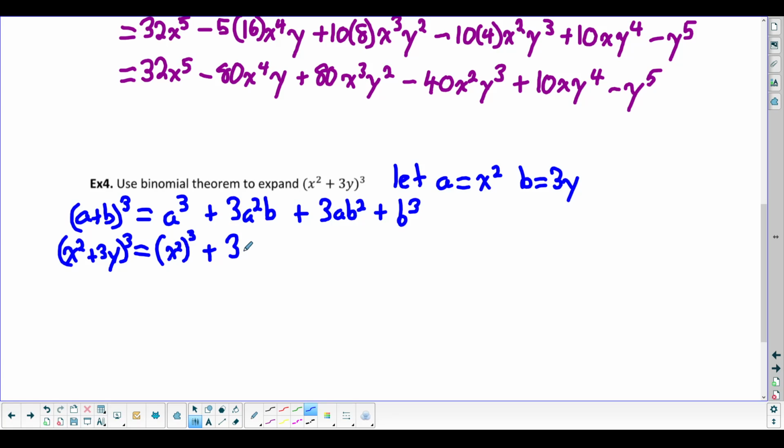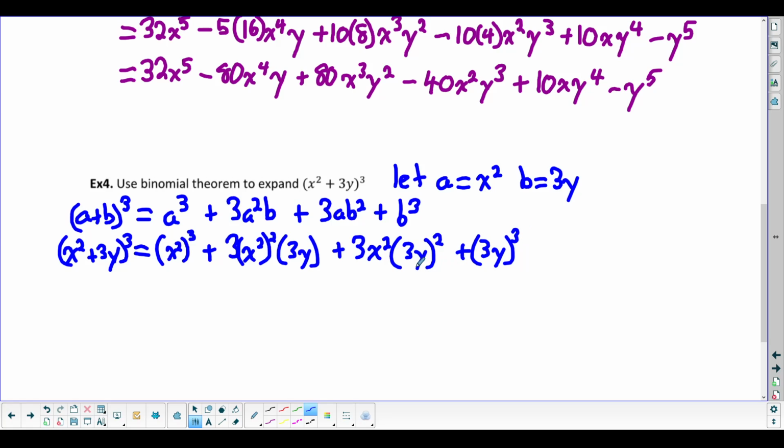Plus 3x squared squared times 3y, plus 3x squared to the power of 1 times 3y squared, our b value, plus 3y cubed.